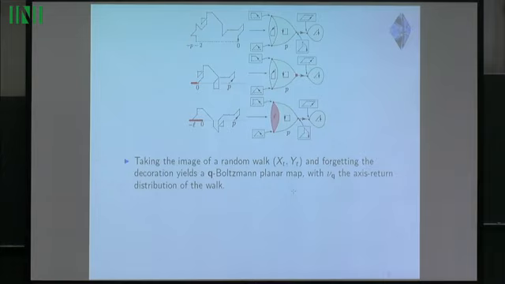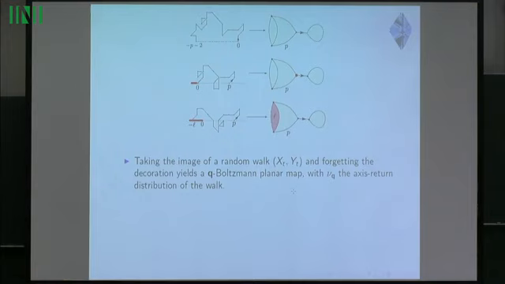So how does this explain the result about the perimeter process I described before? Well, of course, we can just take these walks on the left-hand side to be random walks. They will produce certain planar maps with decoration, and I can just forget the decoration.